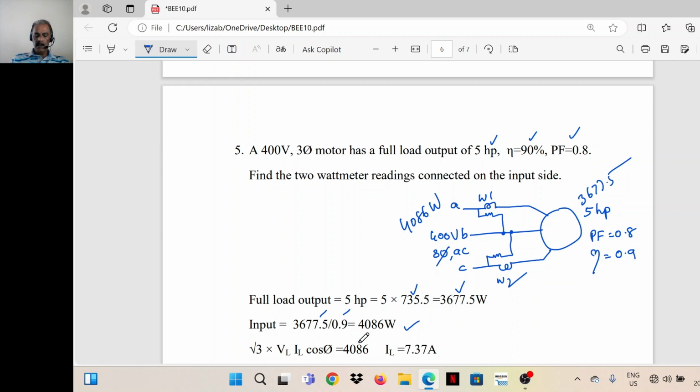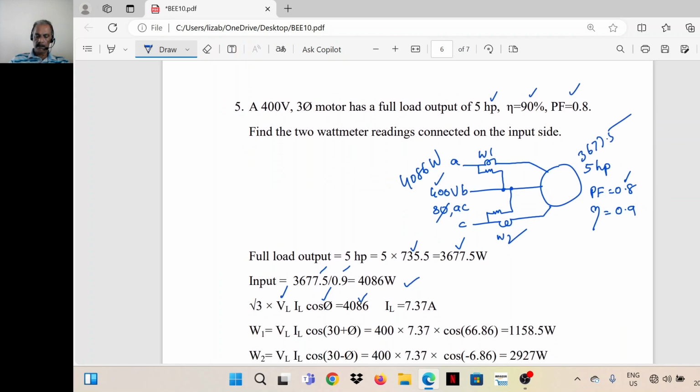Now input is 4086. So input side we know the voltage, line voltage, that is 400 volt. Then cos phi we know it's given, that is 0.8. So we can find the line current. So root 3 VL IL cos phi is 4086.